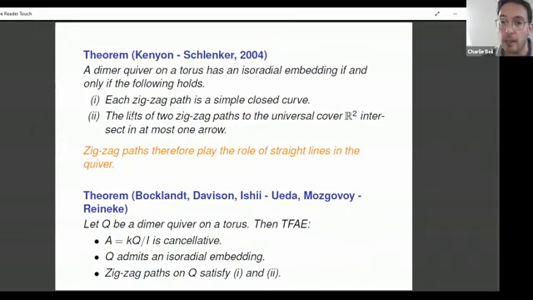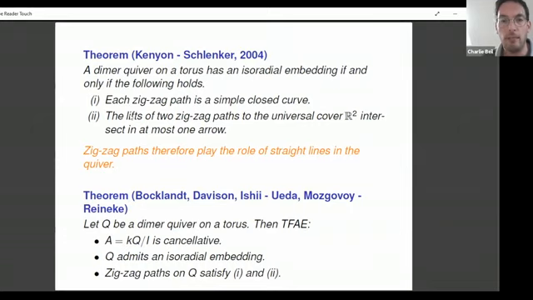There was also a lot of activity in showing different equivalent conditions, called consistency conditions, or things equivalent to being cancelative. And there was also a lot of activity on the physics side at the same time, showing equivalent combinatorial conditions for cancellativity.